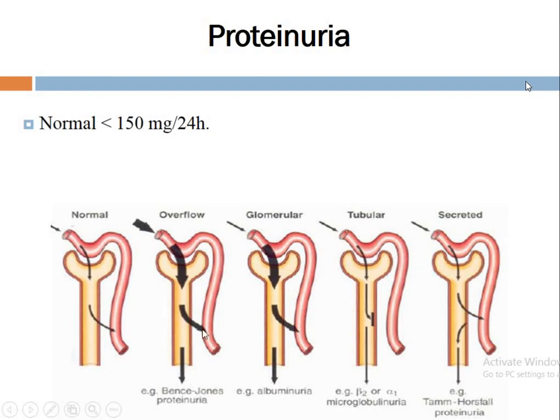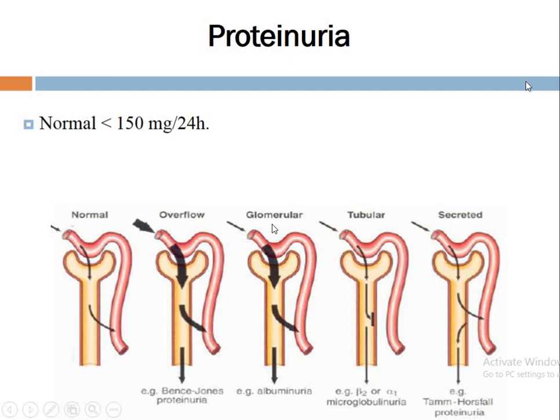So even after the reabsorption, a large amount of protein is coming into the urine, and this is known as Bence Jones proteinuria, and it is seen in multiple myeloma. So once this protein concentration is higher, that is proteinuria, and it will affect the specific gravity of the urine.